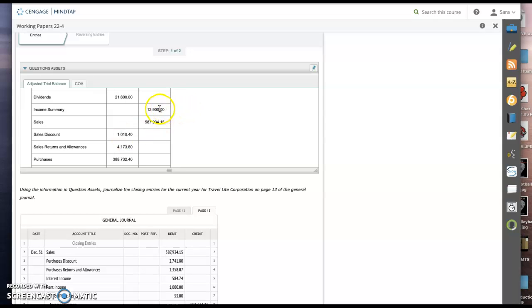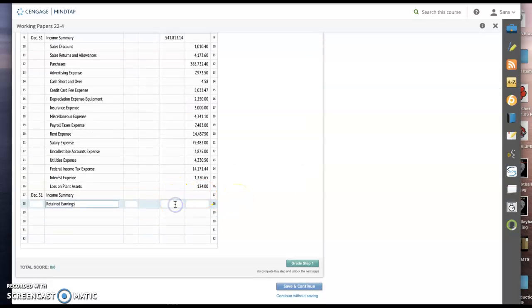And so that is going to be our income summary amount, so $12,900.